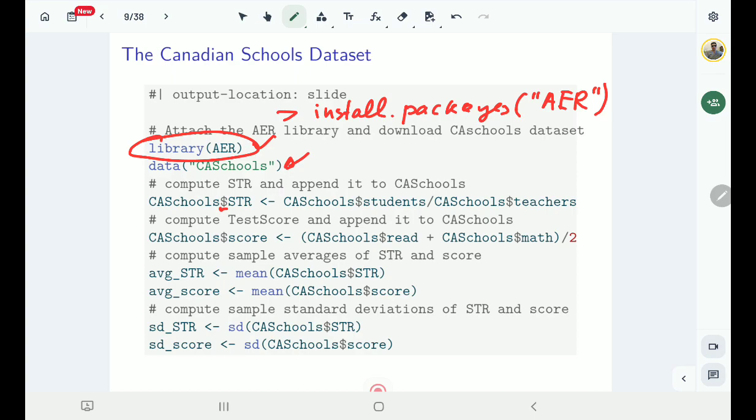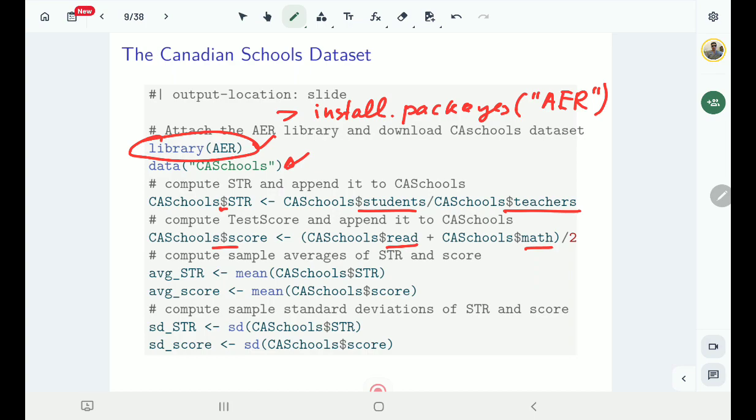So $str is going to be equal to number of students divided by number of teachers. The same goes for the score variable. We create a new variable called score by using the $ sign, and the score variable is going to be equal to the average of reading and mathematics score at each school.